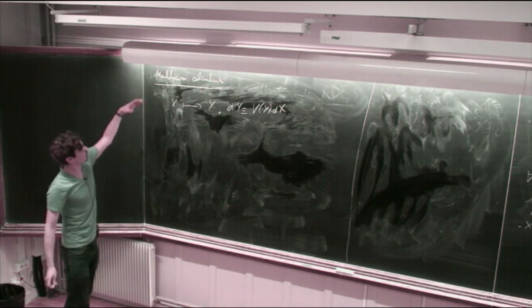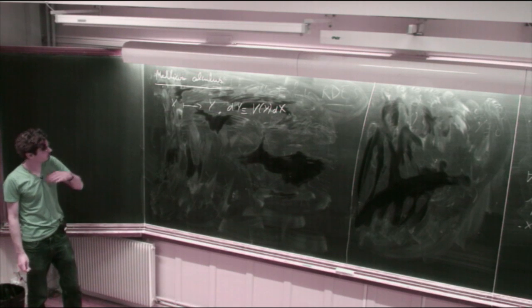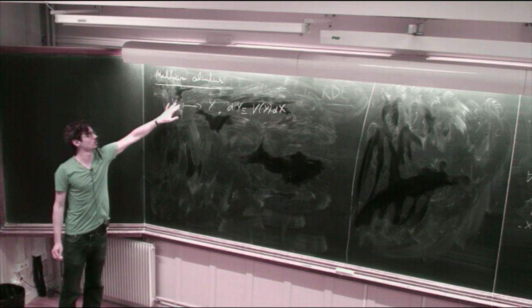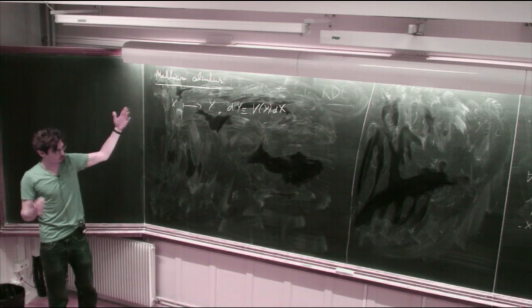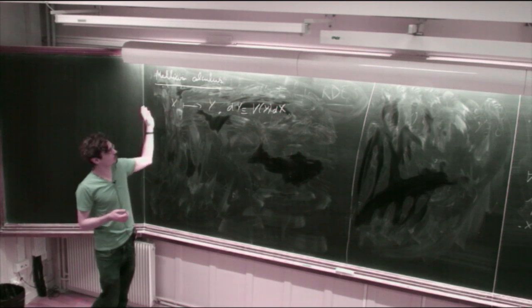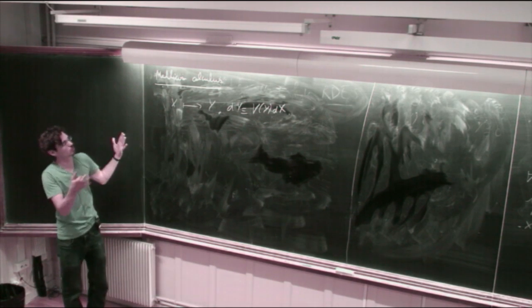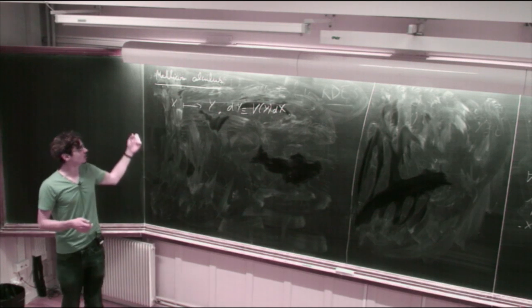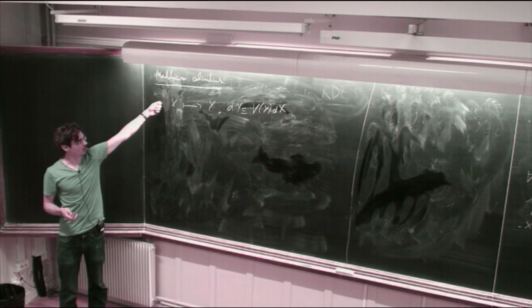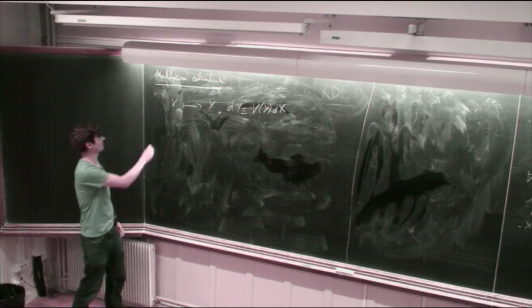As we've seen, you can never find a Banach space which is rich enough to contain Brownian motion and on which this is a continuous map. And this is the whole point of rough path theory.